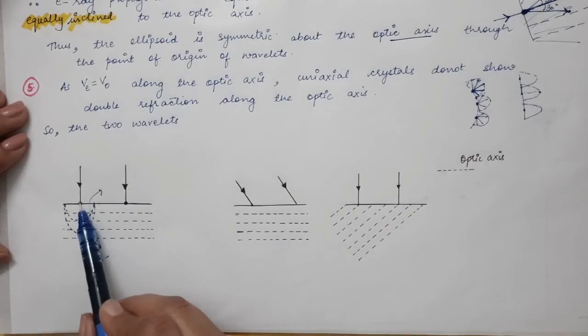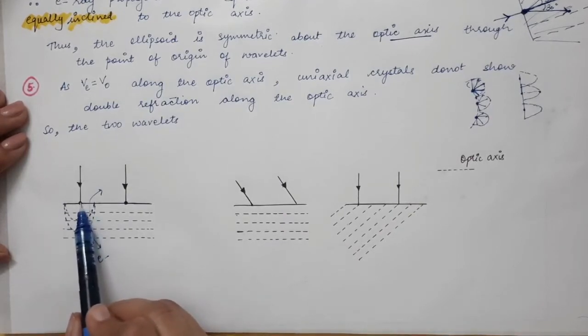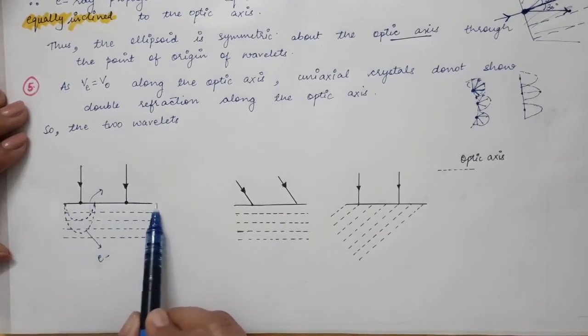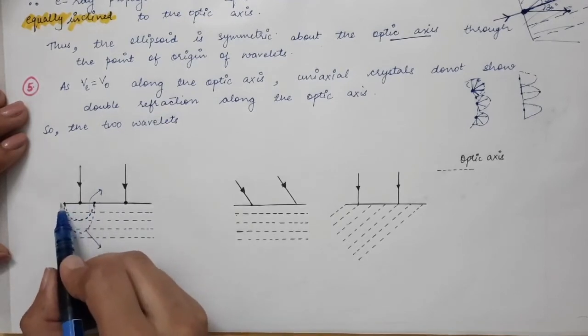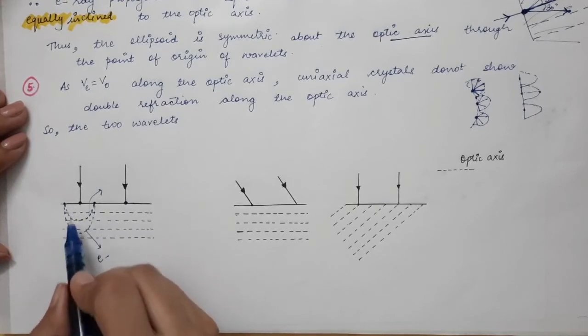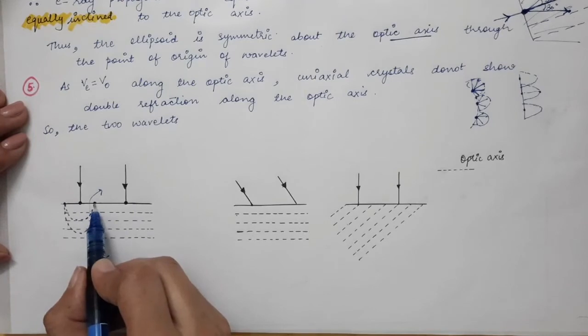Now this is the point of origin of the wavelet. So we have to take into account only that optic axis which passes through this point, which is nothing but this solid line. Along this solid line, the two wavelets will touch each other.